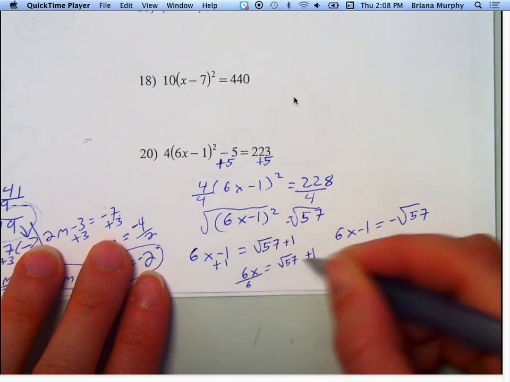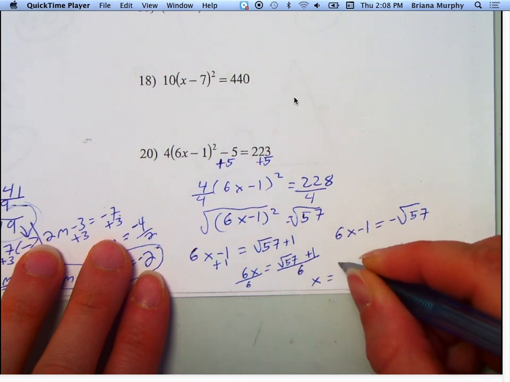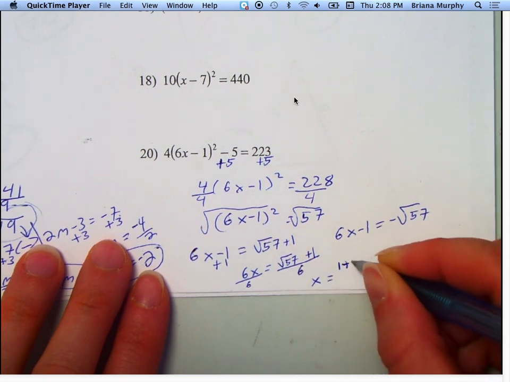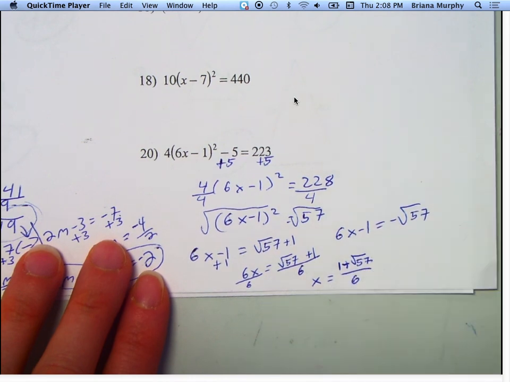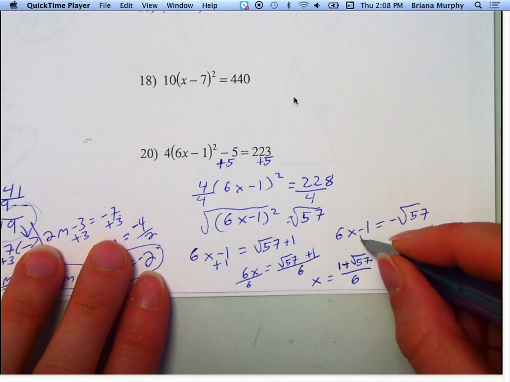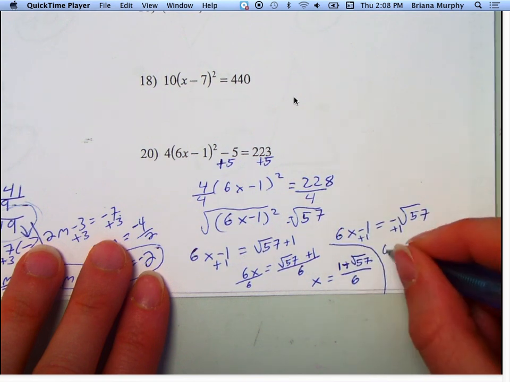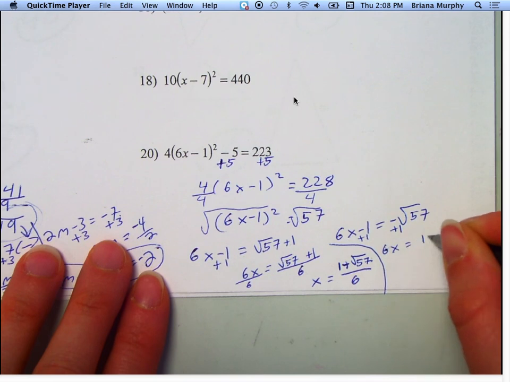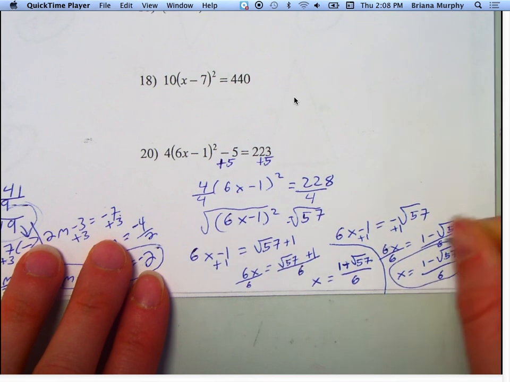Divide the whole thing by 6. So x equals, I'm going to move my 1 to the front so I know that 1's not underneath the square root sign. 1 plus square root 57 over 6. Same over here, I'm going to add the 1 to both sides. And I get 6x equals 1 minus square root 57. Divide the whole thing by 6. So those are my two answers.